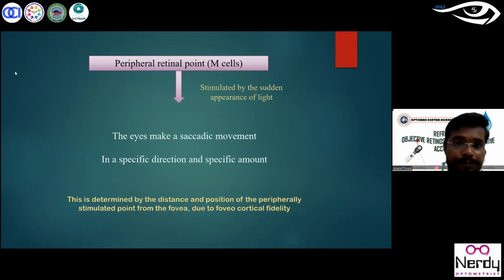Okay. So when a peripheral retinal point is stimulated by the sudden appearance of light, the eye makes a saccadic movement in a specific direction and by a specific amount. The direction and the amount of the movement are determined by the position of the stimulated peripheral point from the fovea, due to foveo-cortical fidelity.